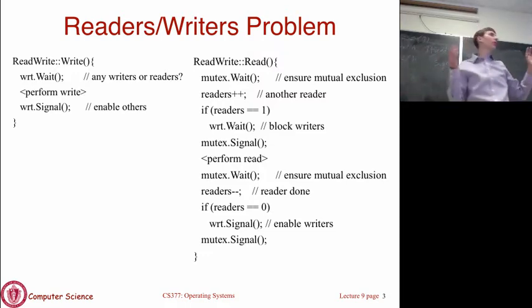Right. If the value of readers is 0 down here, it means I'm the last reader and I'm exiting. I've finished my read, which means it's now safe for a writer to go, because there are no other outstanding readers. So we're going to signal the write semaphore. And if we have a writer up here waiting on that, it's now going to be allowed to run.